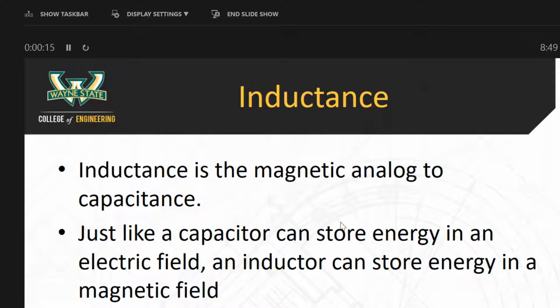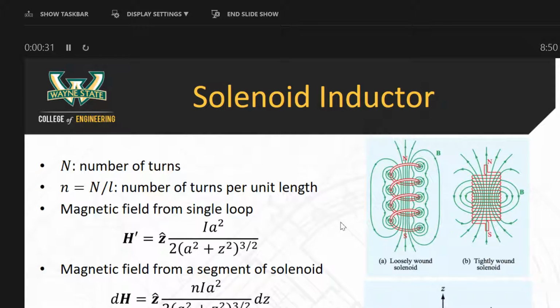If you think about a traditional capacitor, you think about a parallel plate, right? Metal, dielectric in between. A traditional inductor is a solenoid, what we just talked about, and that magnetic field in the middle stores magnetic energy.